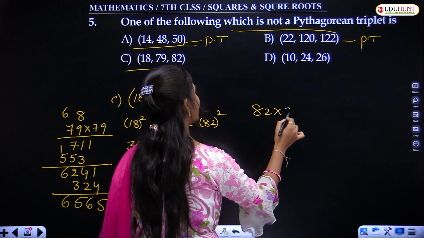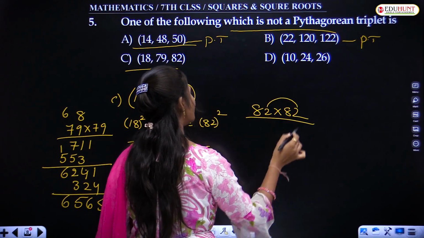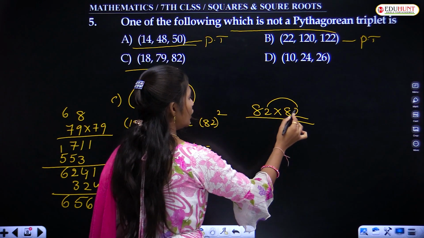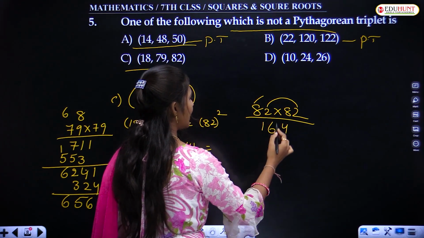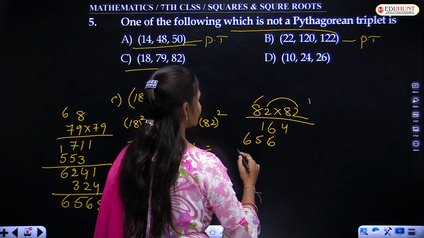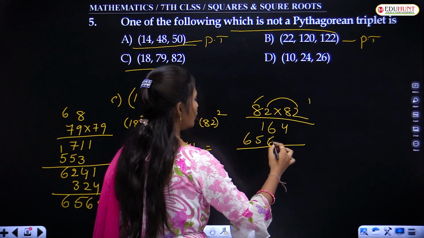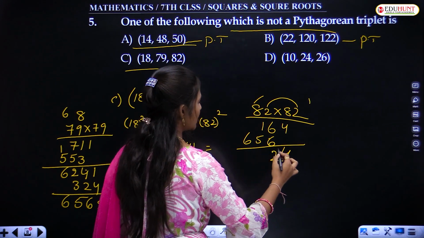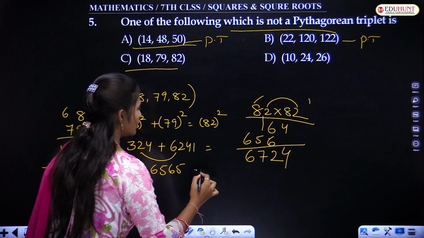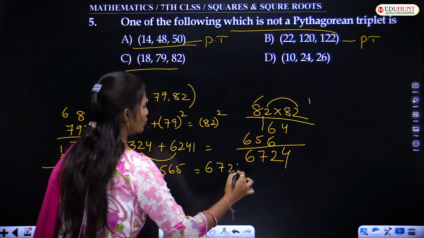So 82 into 82, by seeing only we can say that 2 and 2 means the number is ending with 4. So 2 2s 4, 2 8s 16, 8 2s 16, 8 8s 64 plus 1 is 65. So 4, 6 plus 6 is equal to 12. 5, 6, 7, and here 6. So it is equal to 6724.